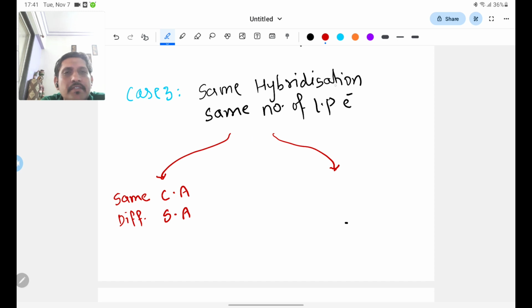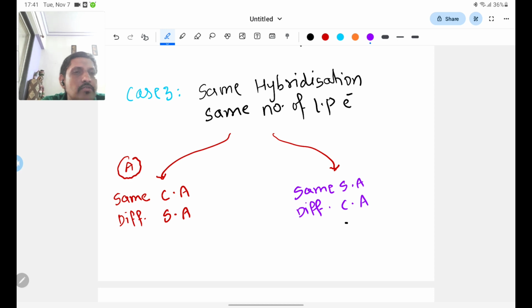If the molecules have the same hybridization and the same lone pair, then either they will have the same central atom and different side atoms, or they will have the same side atom and different central atoms. So in these two scenarios we will see how to determine the bond angle.